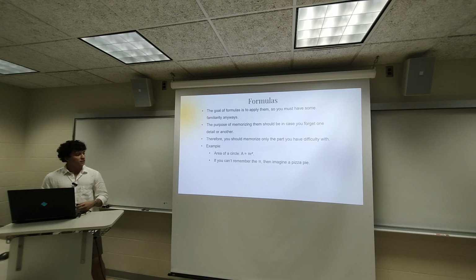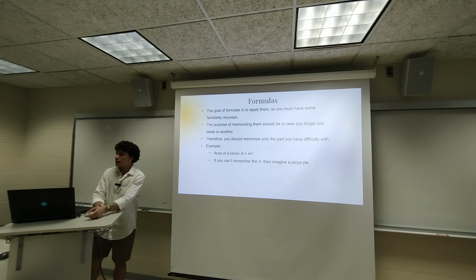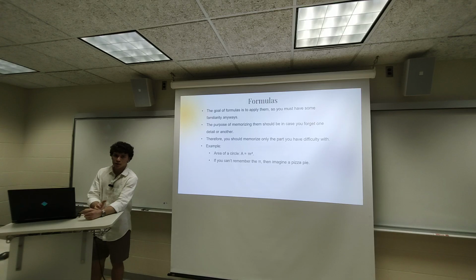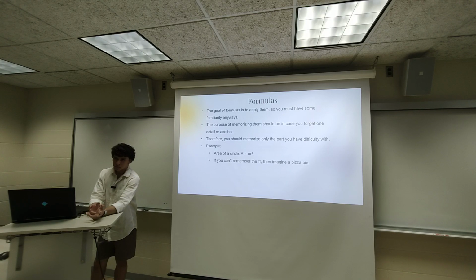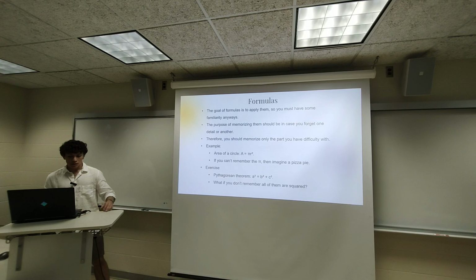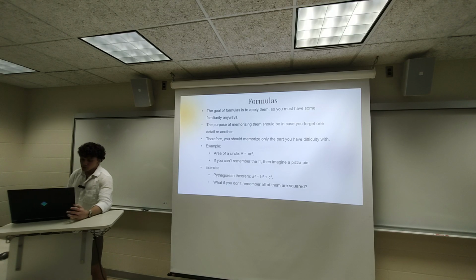So let's do a quick exercise. The idea is that you pick something that you cannot remember well and associate that to the formula. Here we have area of a circle, so you can imagine a circle or something that's circular, and associate that to what you're having trouble remembering. Here we have this exercise, the Pythagorean theorem: A squared equals B squared plus C squared.